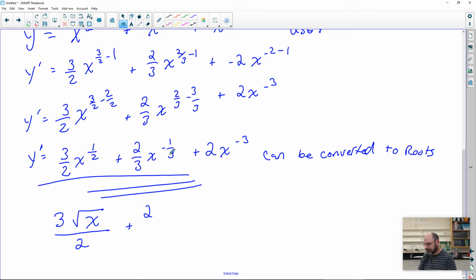That means that the x is going to go on the bottom, if we want it to the positive power. Okay, it goes on the bottom because of the negative. So that's another way we can write this.